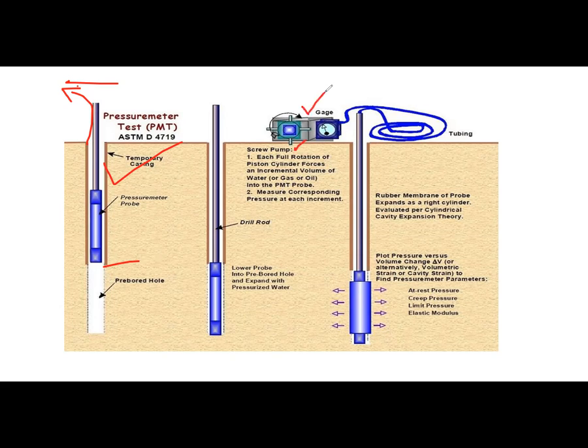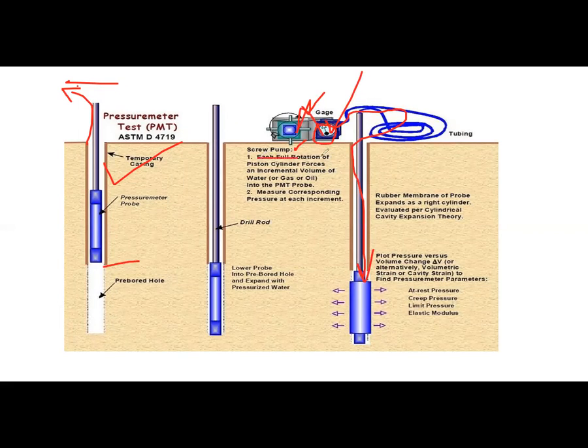A screw pump is a pump which provides pressure to the probe with the use of water. And this is a gauge which shows the reading.